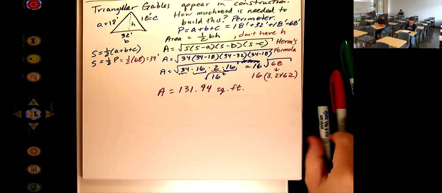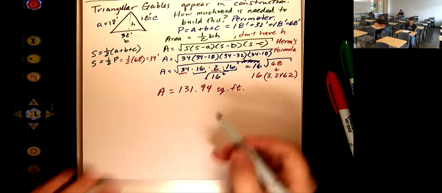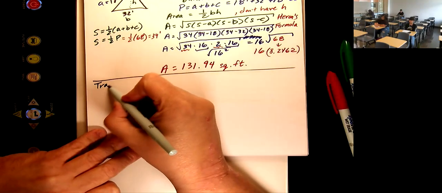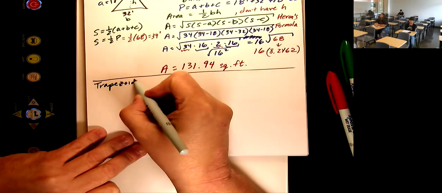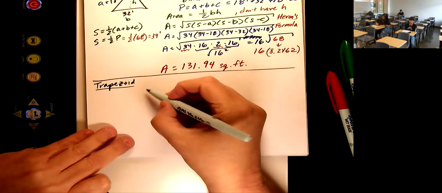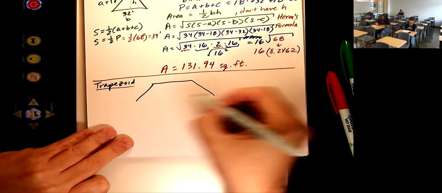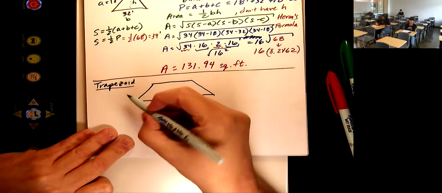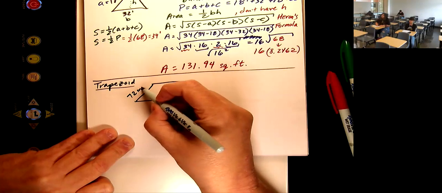Let's keep going. We could do a trapezoid. Let's say I got a trapezoid that looks like this. That's a trapezoid shape. Let's say that is 72 millimeters.